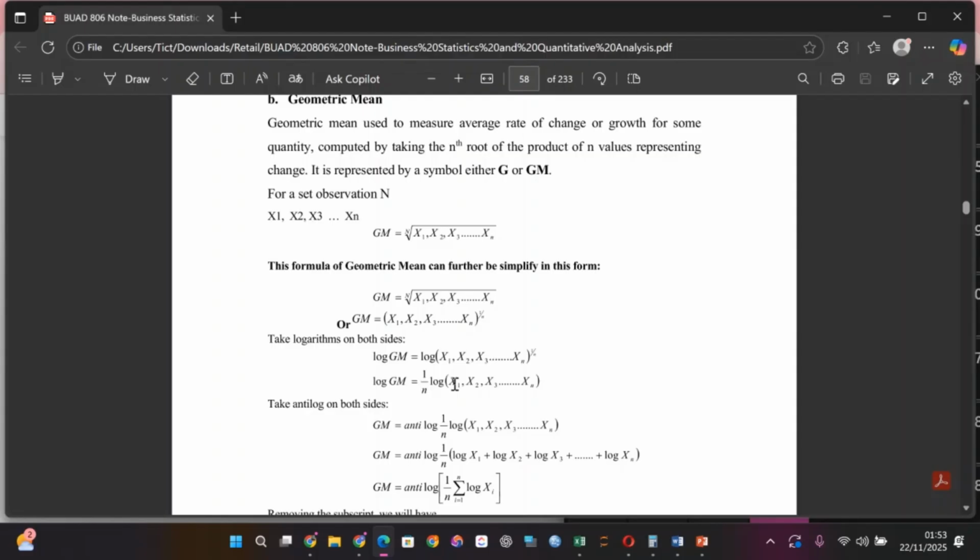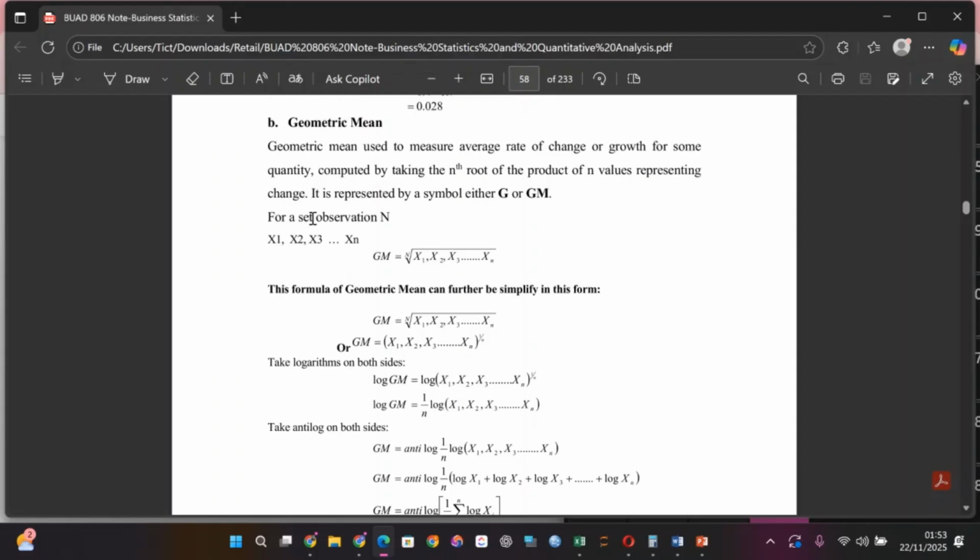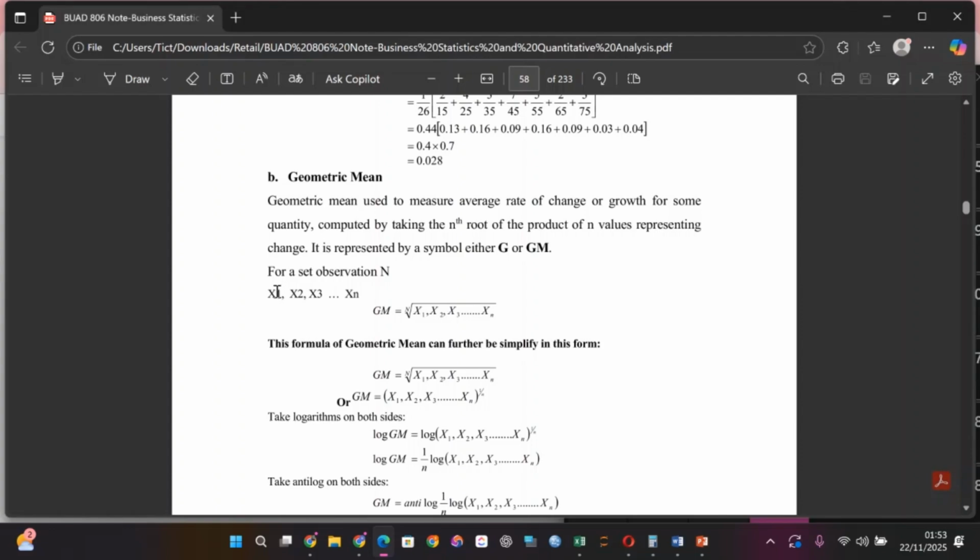It's very simple. This one too has a formula. For instance, you have x1, x2, x3. The x1 here are just observations, so we are talking about values: value 1, 2, 3, 4, 5, 6, 7, 8, to any x value that you have. Here you are taking the nth root of the product of x1, x2, x3.